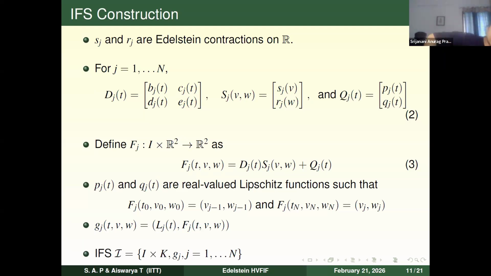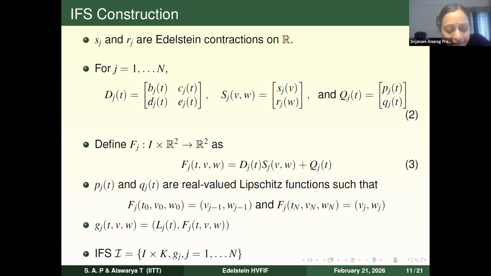As I said, the matrices capital S_j are Edelstein with respect to the Manhattan metric, and using that we prove that the capital F_j is also an Edelstein contraction in the Manhattan metric.